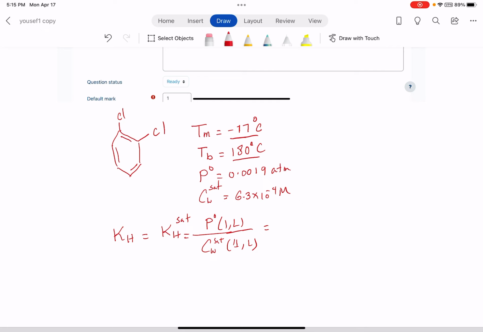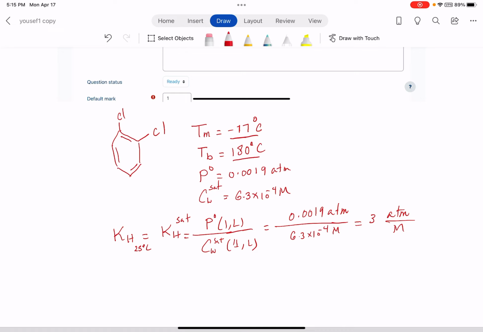This is equal to 0.0019 atmospheres over the solubility of that compound, in molarity, that's 3 atmospheres over mole per liter.